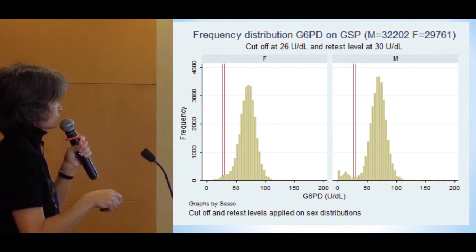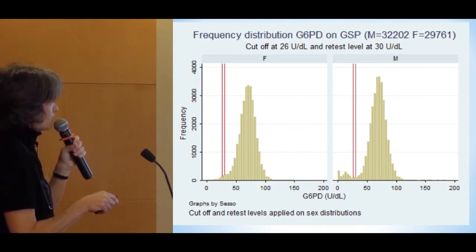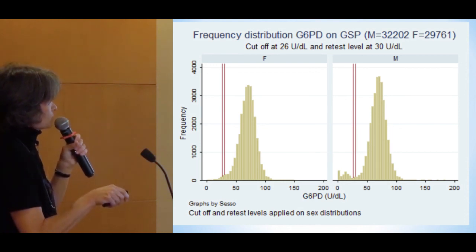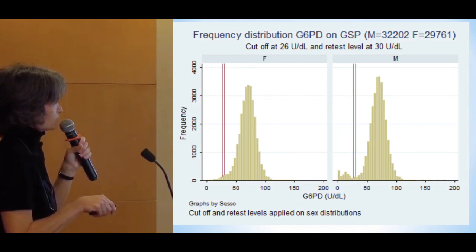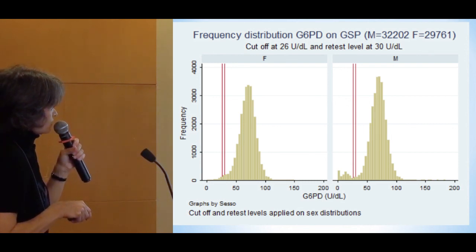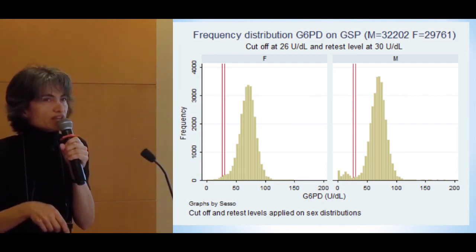Okay, just to show you the cutoff and the retest, the recall in the 2 populations, male and female. And see, the majority are males because those are total deficients. And we have very few females, and those right here are the carriers that I was telling you about.